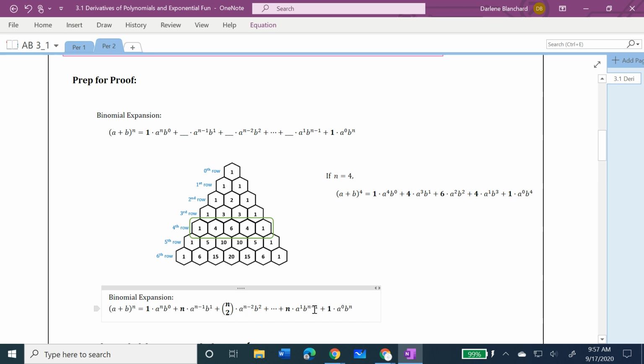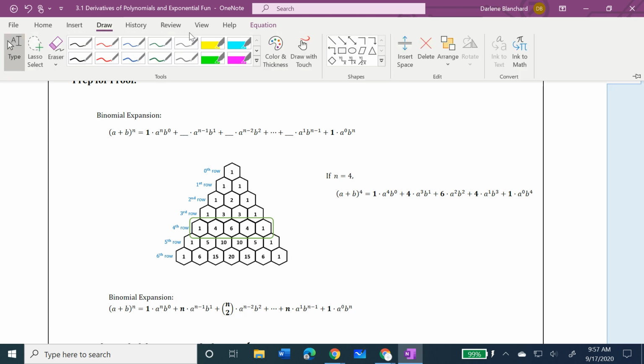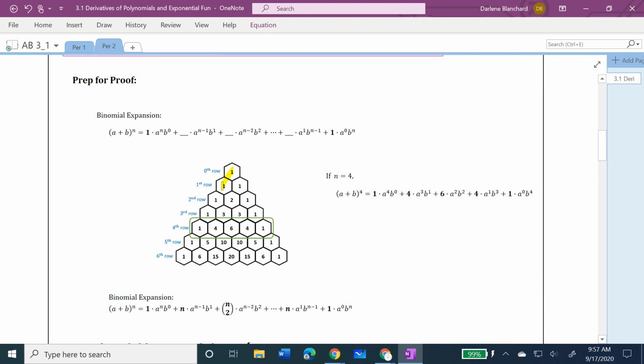Now, I wrote this out. This right here is just a notation that means in the nth row, position 2, but understand that these, what I'm going through, in fact, I should highlight, draw, highlight. These are considered position 0, just as this is considered the 0th row. So what you're going to find is the 0th position is always going to be 1.